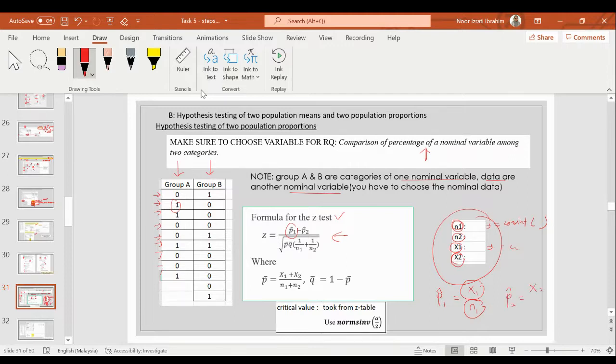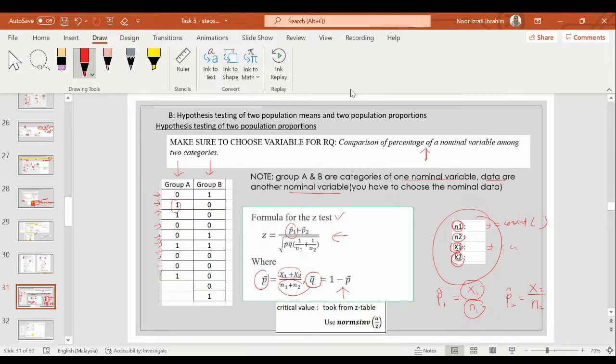It will be the cell of X2 divided by the cell of N2. And to find the p bar, you add up the cell of X1 and X2, and then divide by the adding up of the cell of N1 and N2. All need to be done by selecting the cell. You have to use Excel function. Then you can find the q bar also by using Excel function.